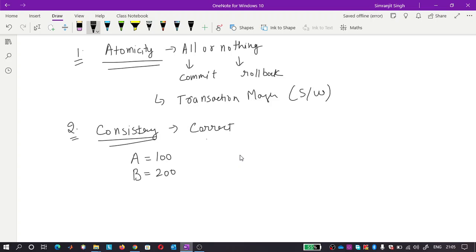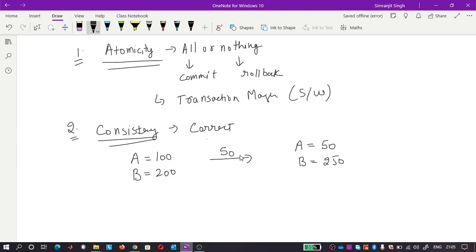When you transfer 50 rupees, after the transfer, the value of A will be 50 and the value of B will be 250.